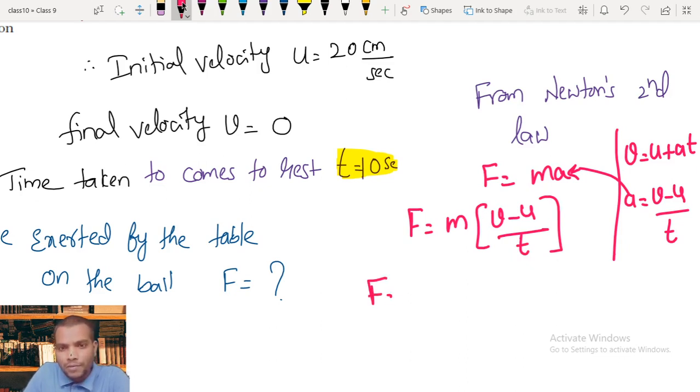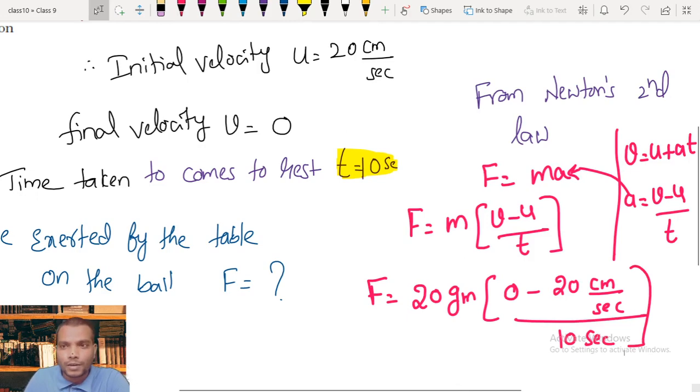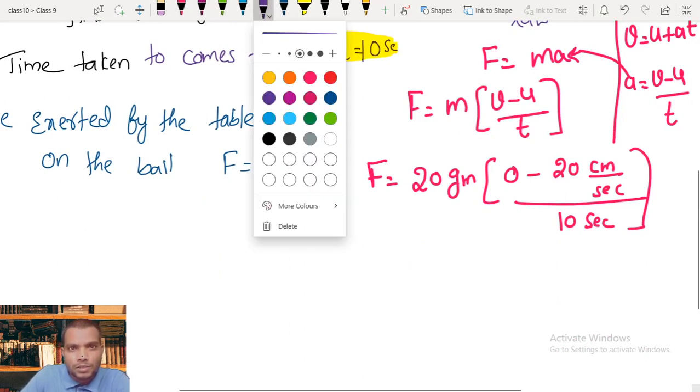Now we can substitute the values. The mass is given as 20 grams, the final velocity is 0 minus the initial velocity 20 centimeter per second, upon time, here it is 10 seconds. Now let us simplify this. Better to take out the units so we can do it easily.